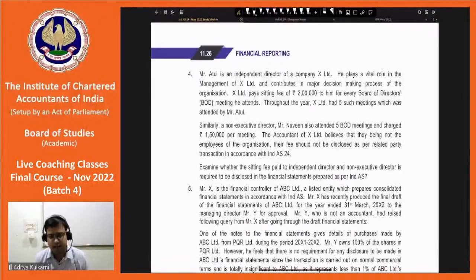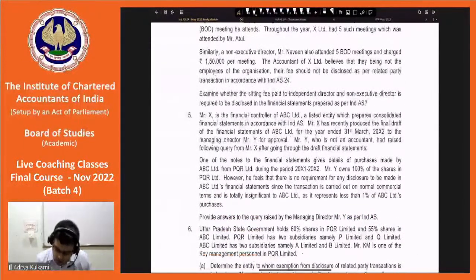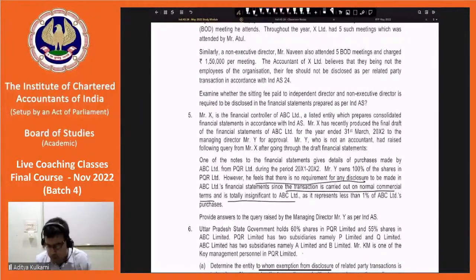So I would advise you to please go through the questions. One thing is they will always give statements like this: feels that there is no requirement as the transaction is carried out on normal commercial terms, totally insignificant to the company. So when these statements are there, all of you will obviously feel that the transaction is not material.